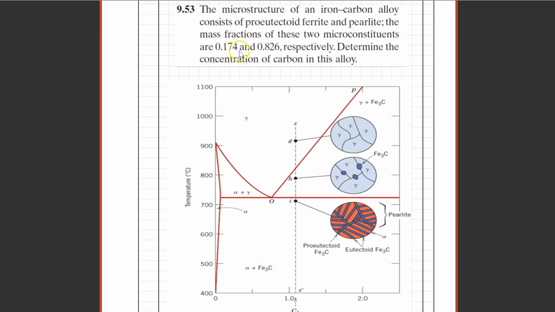We see that the amount of pro-eutectoid ferrite is pretty small. So what we expect then is that we're quite close to the eutectoid composition. And how do we know that? Because we know that the tie line needs to go from the eutectoid composition to the composition of ferrite.